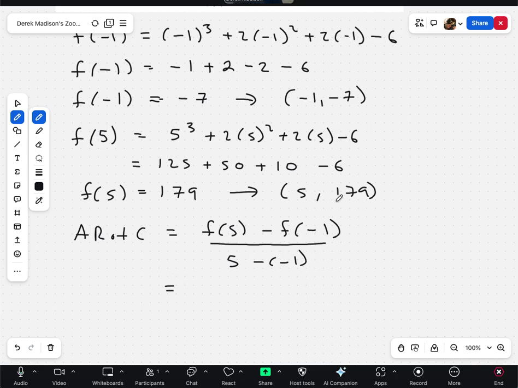So that would be f of 5, our 179, minus f of negative 1, that was our negative 7 there. Again, always careful with those signs when there's a minus in the formula. And then 5 minus a negative 1 would be 6. And that comes out to 186 over 6, or an average rate of change of 31. So we're just going to evaluate and get our 2 points, and then we're essentially just doing the same thing, y2 minus y1 over x2 minus x1.